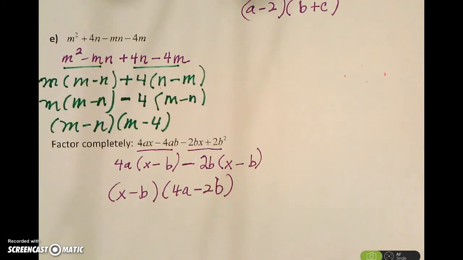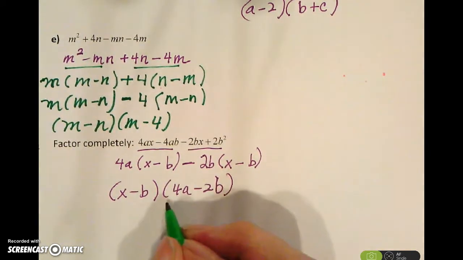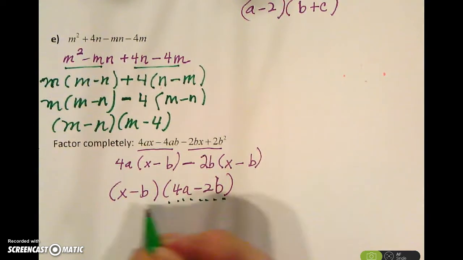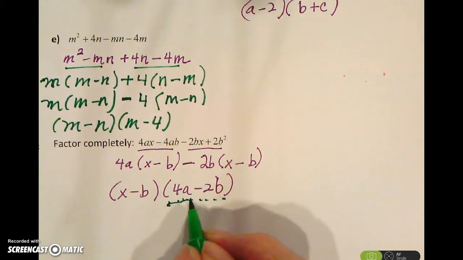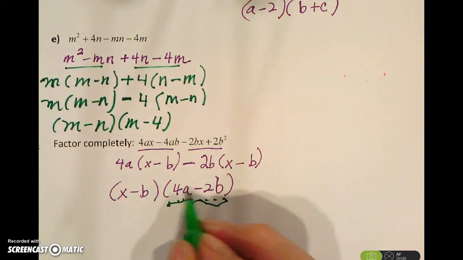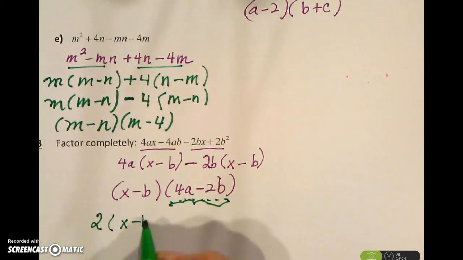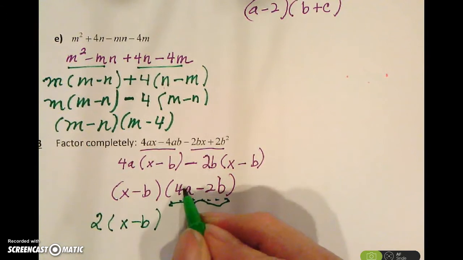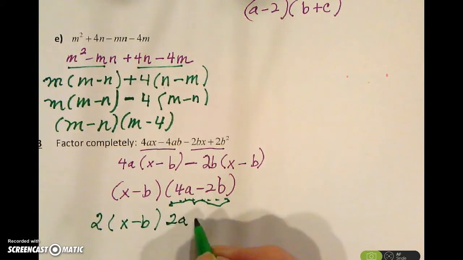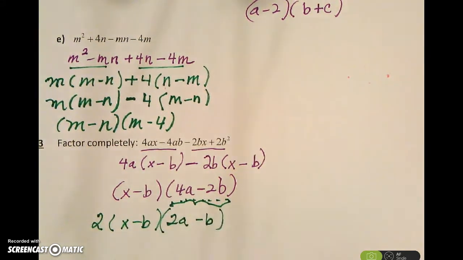But once we get going, you're going to find that we always need to look at our parentheses. And so on this one here, you see that they still have a GCF of 2 in there. So I'm going to take a 2 out to the front. I've got x minus b. And when I factor the 2 out, that gives me 2a minus b.